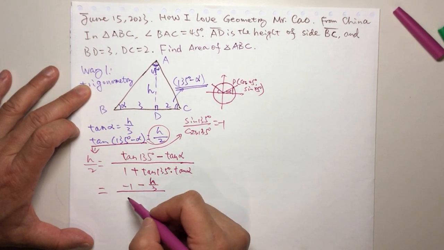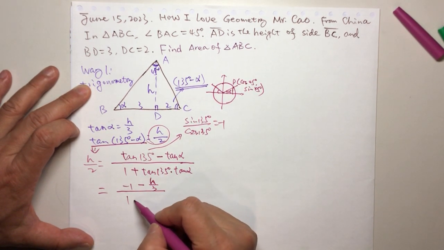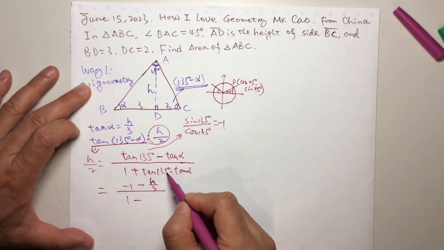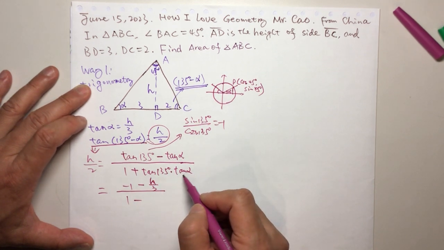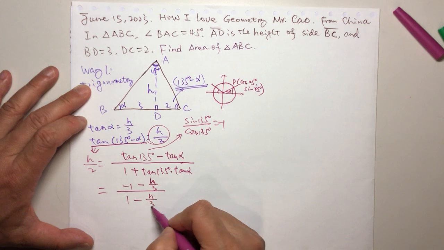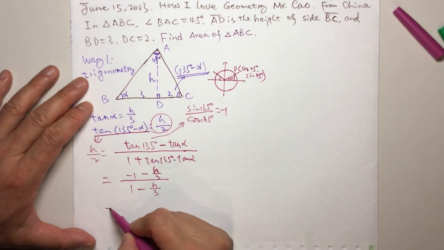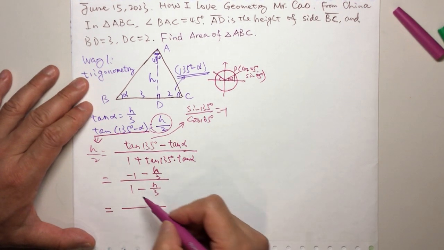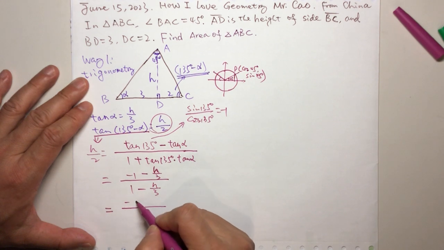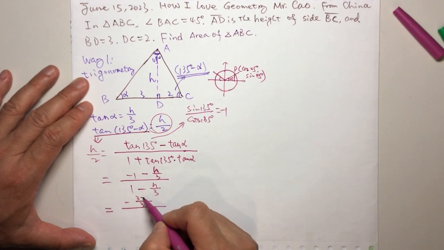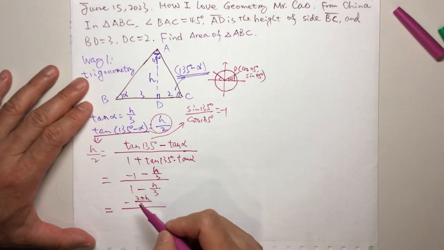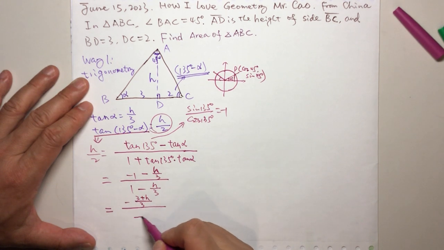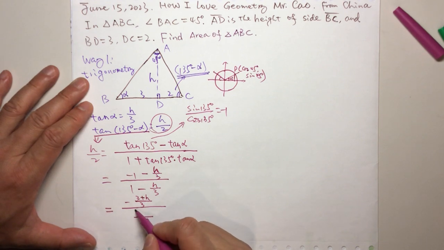Okay, so this is -1 minus tangent alpha, h over 3. So we will get how much? Negative, here is 3 plus h over 3, right? And the denominator is 3 minus h over 3.